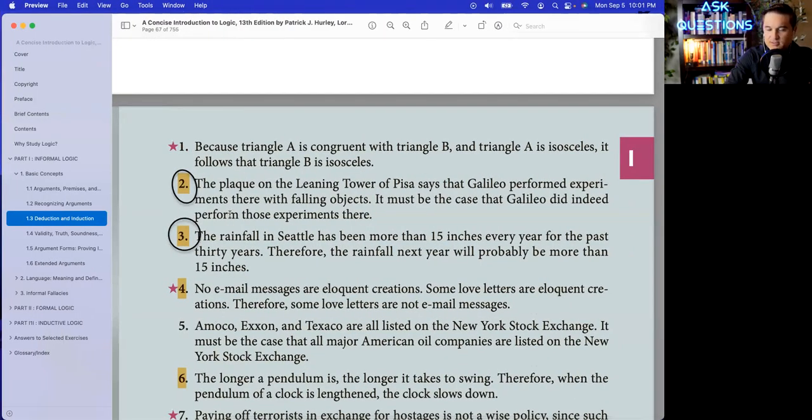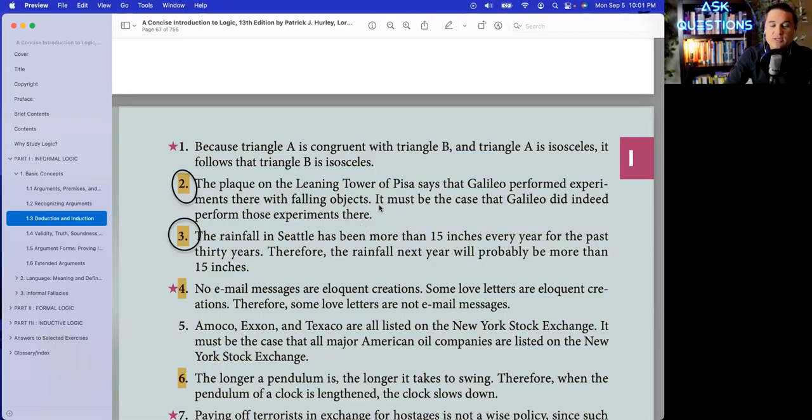This problem here is about the Leaning Tower of Pisa in Italy. The plaque on the Leaning Tower of Pisa says that Galileo performed experiments there with falling objects. It must be the case that Galileo did indeed perform those experiments there. Now, right off the bat, this is an interesting one, and I think it's a bit of a tricky one.